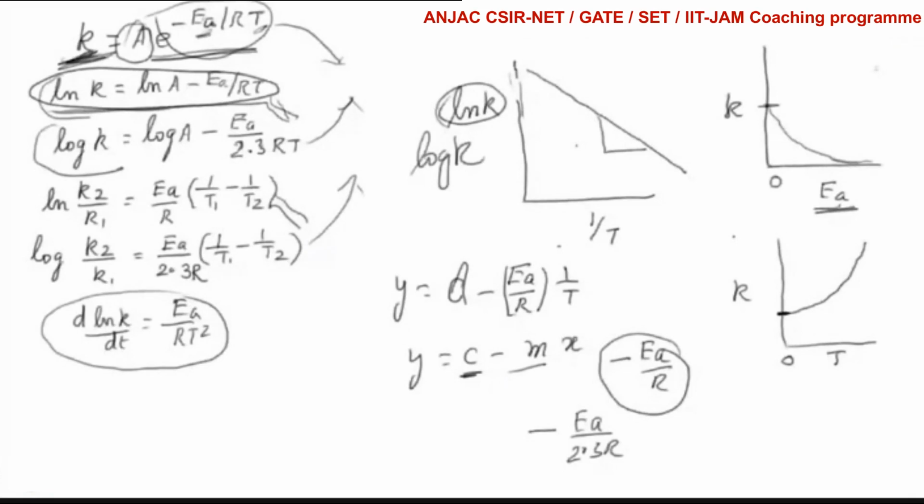According to the Arrhenius equation, within brackets, K is the rate constant and T is the temperature.